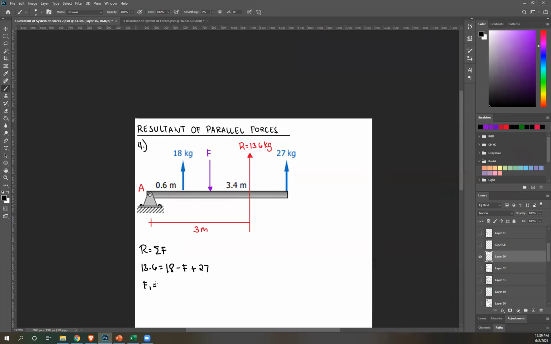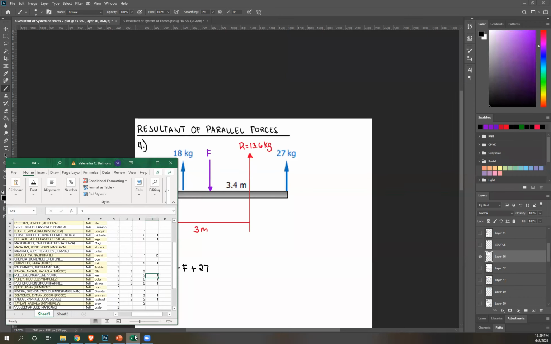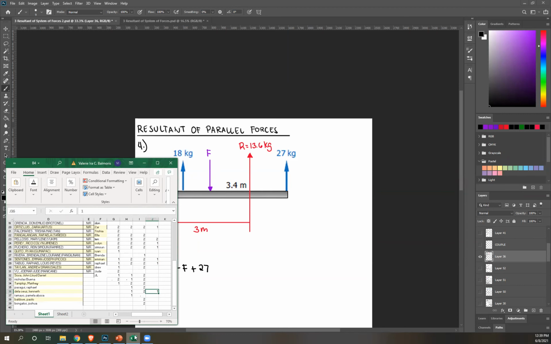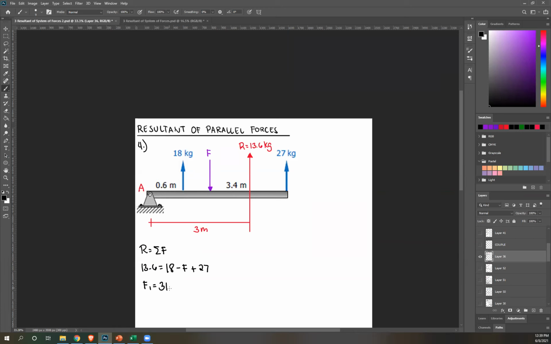It's positive 31.4. Positive, therefore correct assumption. So correct Kenneth and Marilyn. 31.4. Once again, I assumed it was downward. I had a positive answer, therefore correct. Therefore, it's 31.4 kilograms downward.